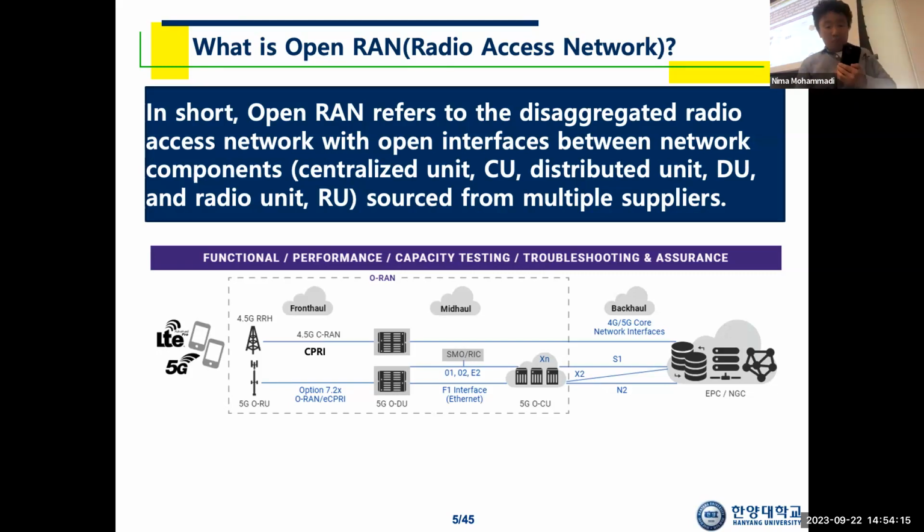Now the question is, okay, you said up until 4.5G mobile communication system, we have used eCPRI as a protocol for front haul. Can you use the same protocol, eCPRI, for 5G? Well, unfortunately, the answer is no, because of many issues in eCPRI.